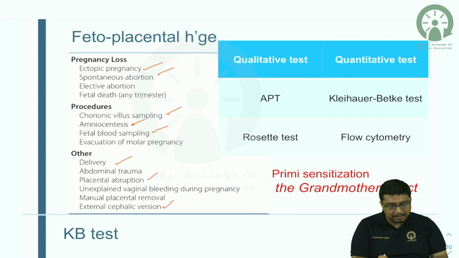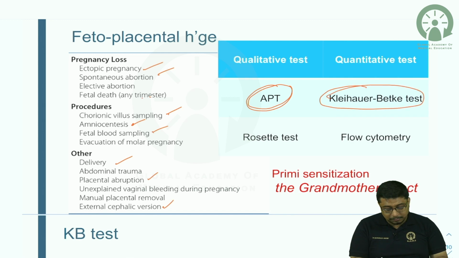So how to understand if that has happened? There are bedside tests like the acid precipitating test, or the Kleihauer-Betke test, which is an alkali precipitating test. This is semi-quantitative. If you ask me what the best test is, it is flow cytometry.